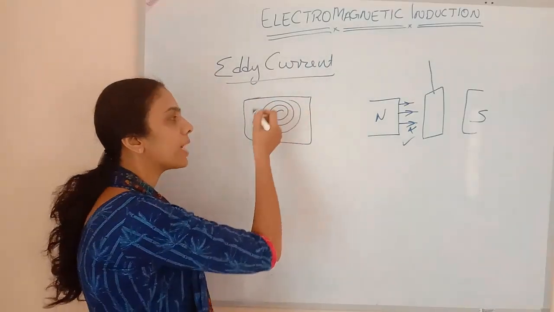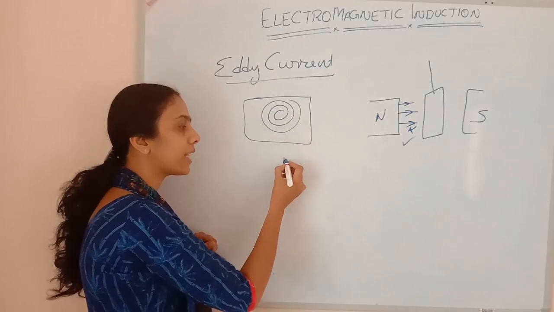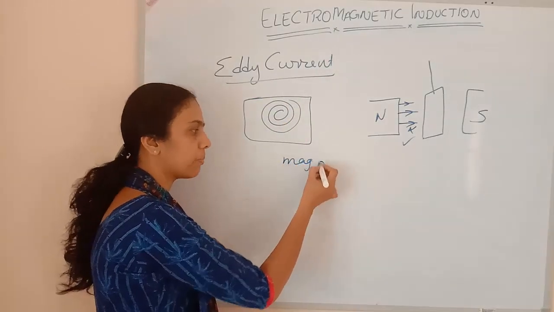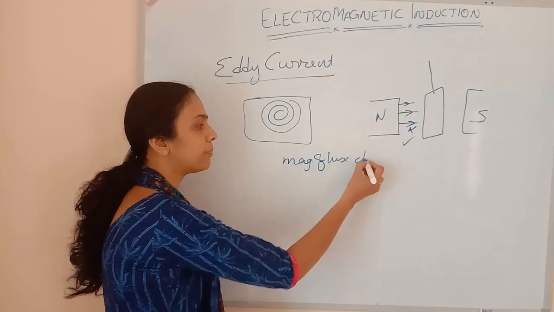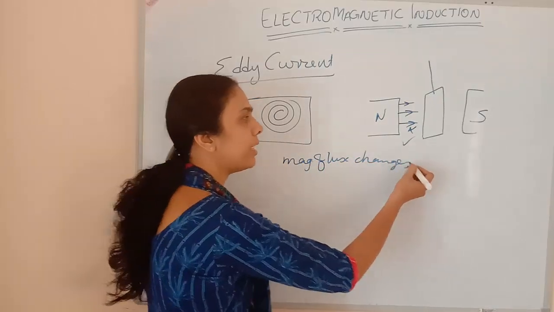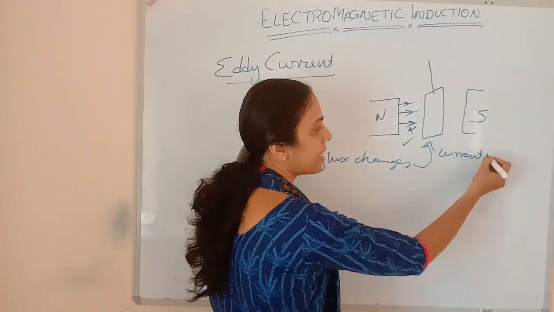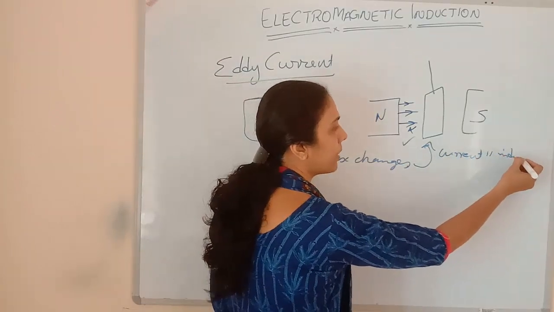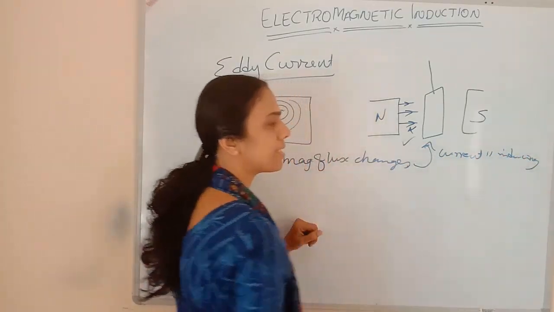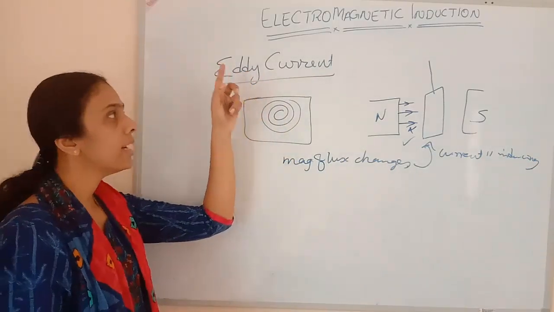Eddies of current form when the magnetic flux linked with the circuit changes. When the magnetic flux changes, current is induced in the circuit, isn't it? That current is called eddy current.